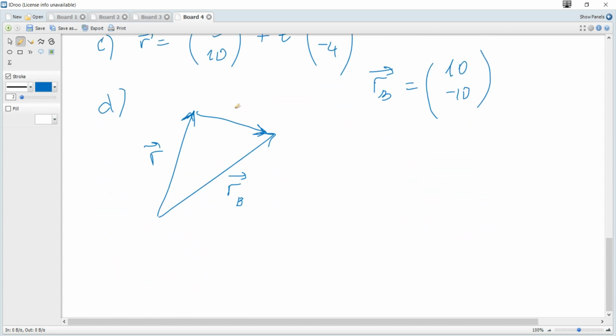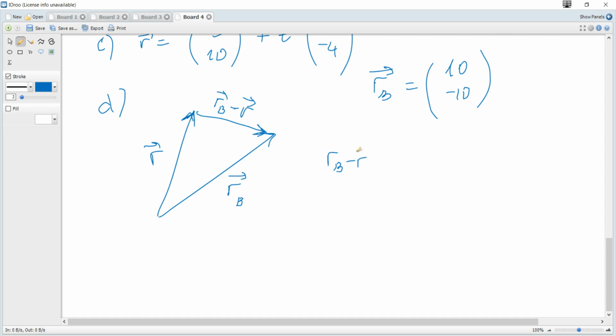Again, if we consider this distance with respect to vectors, it's directly the difference between two vectors. So this distance is the RB vector minus the R vector.